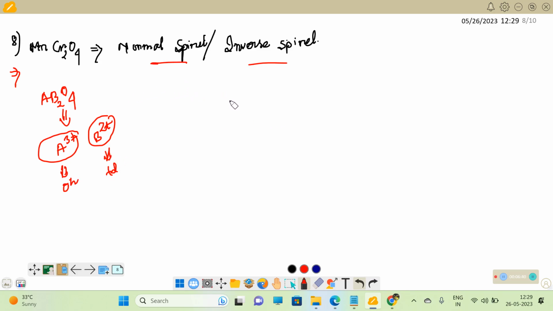Now how to calculate this? If the 3+ oxidation state metal has higher CFSE, crystal field stabilization energy, than the 2+ metal, then it will be a normal spinel. If the reverse happens, then it will be an inverse spinel. So for this case, Mn3+ and Cr2+ are present here.